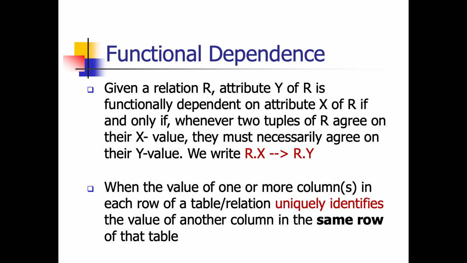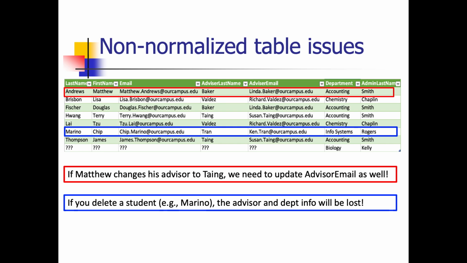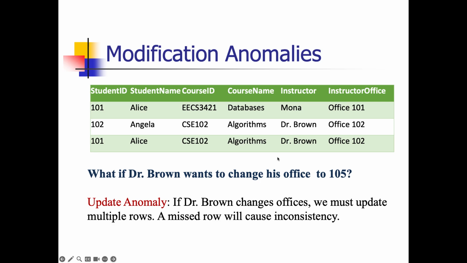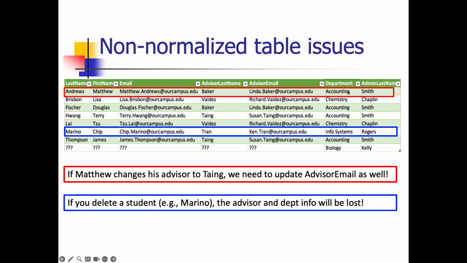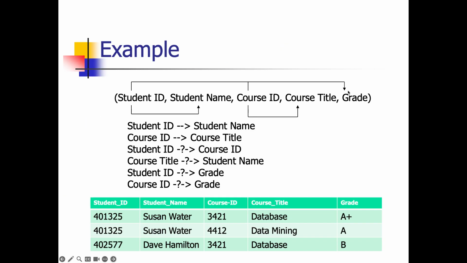If it is not inside an instructor table, like the example we had before, the non-relational table that we had here, we can say there is a transitive dependency between instructor and office, because these are two non-key columns depending on each other. Now back to this example. So are these clear?